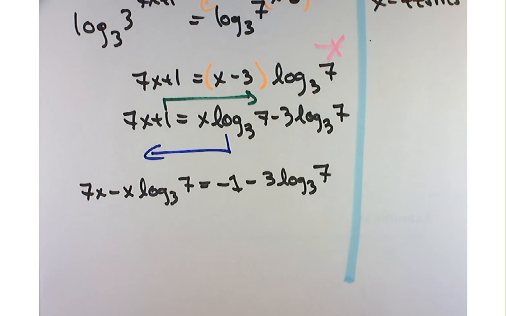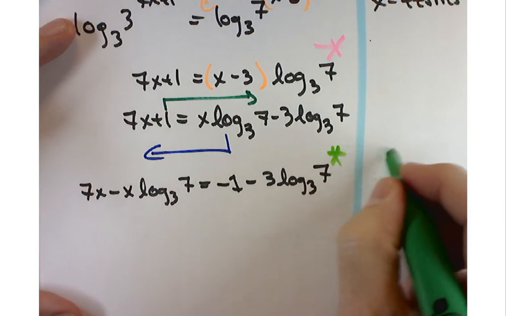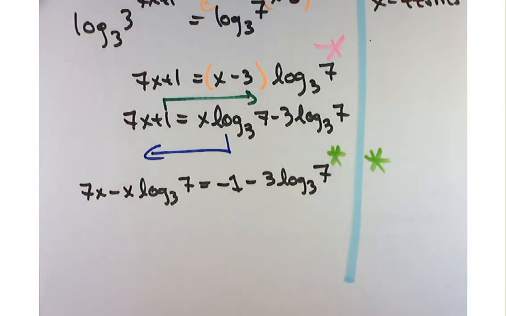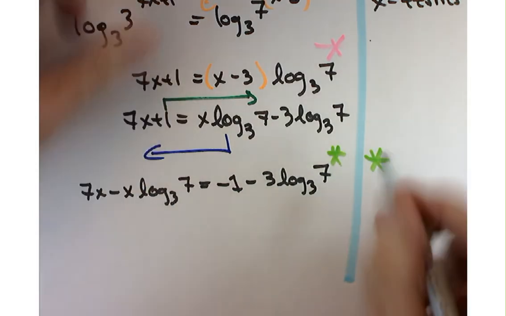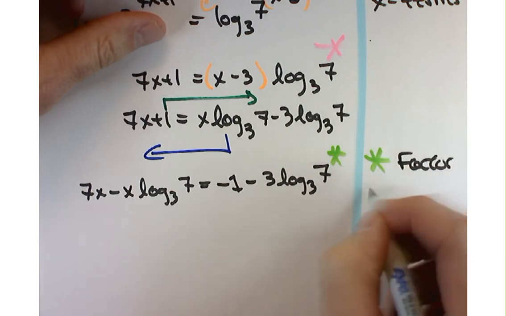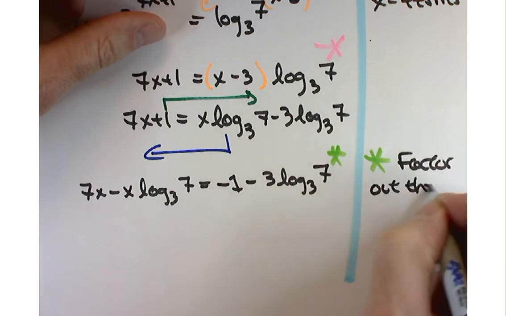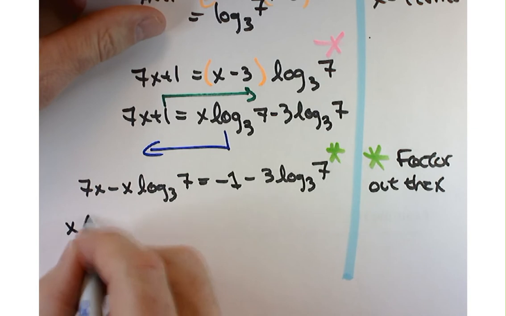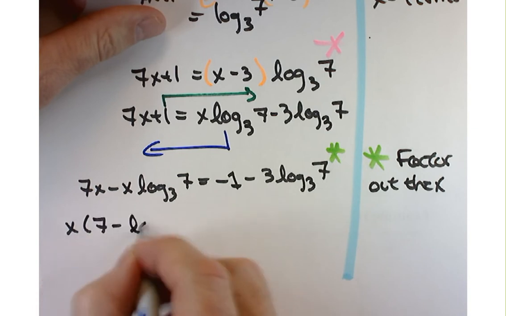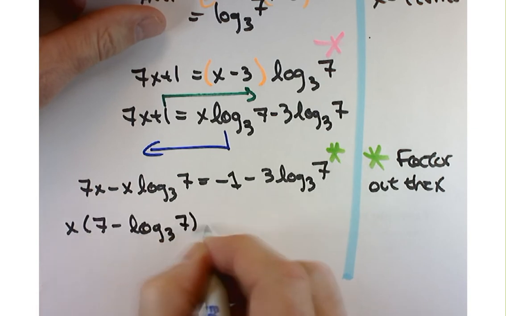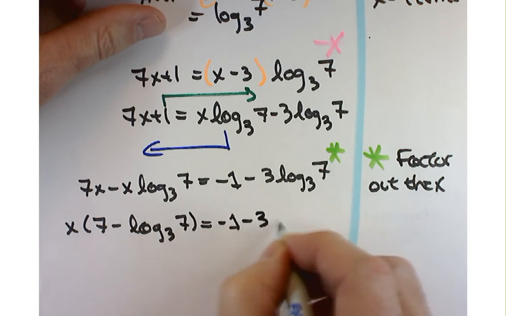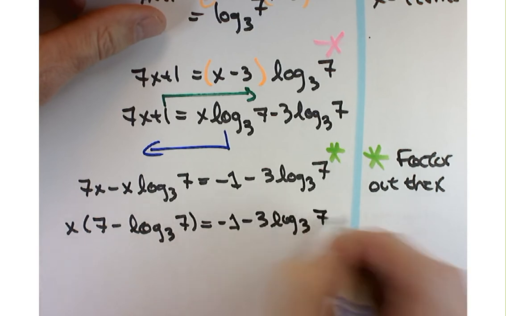Here's the second trick in doing these things. And that is to factor out the x on the left-hand side. So right here, factor out the x. So that's going to be x times 7 minus log base 3 of 7 equals negative 1 minus 3 log base 3 of 7.